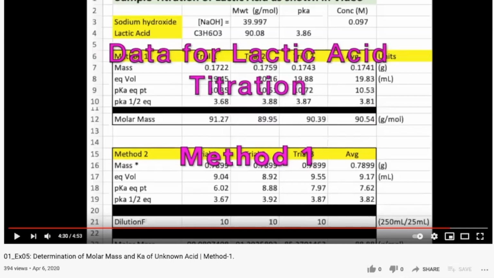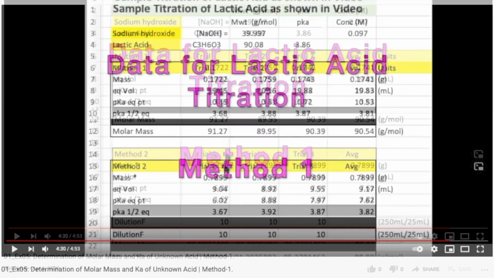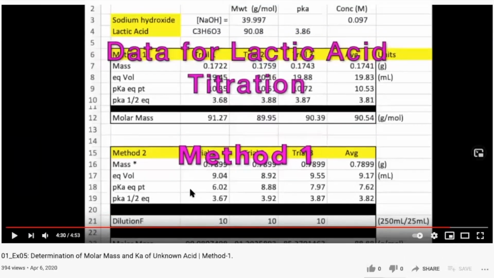So you have to factor that in your calculation, because you have a mass here of 0.7899, and you're only using 1/10 of it. So you're only using 0.07899 to calculate the moles when you get the molar mass. Anyway, this is the pH at the equivalence point, and this is the pH when you add the acid back to the original.